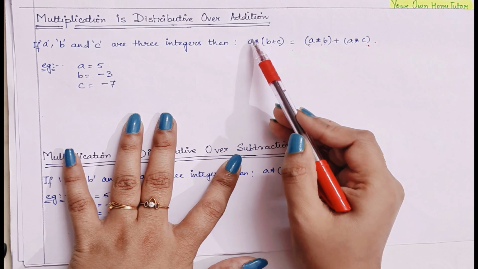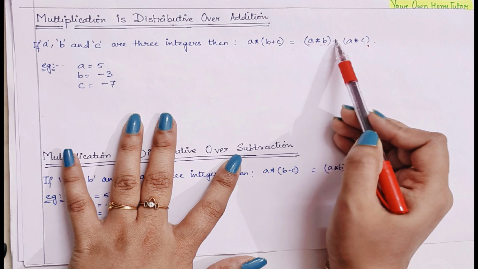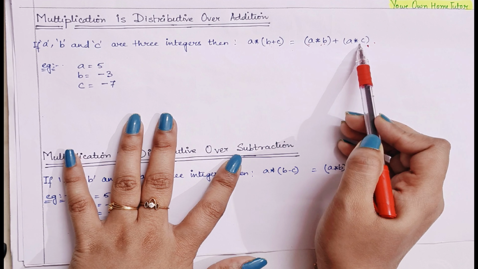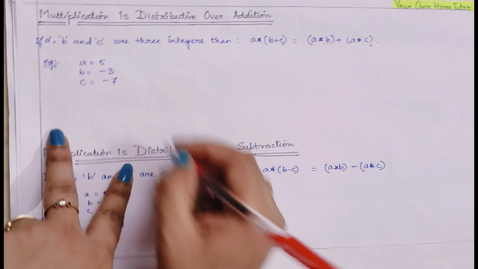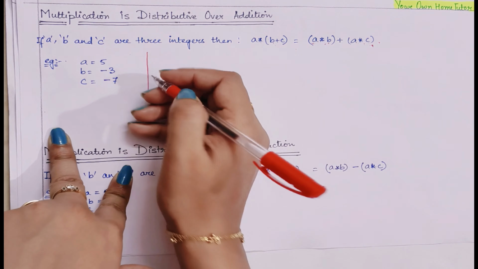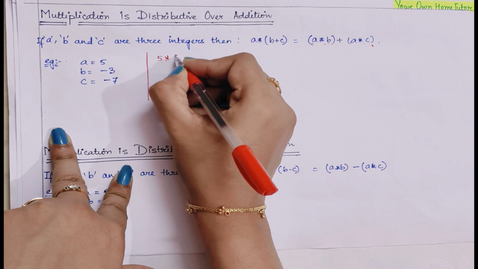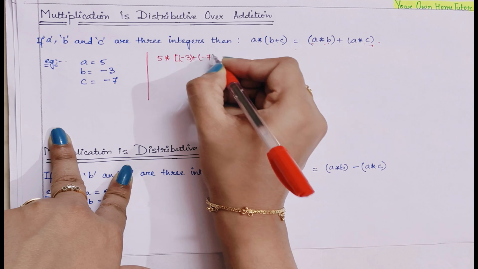How am I obtaining this? I am multiplying A once with B, putting the positive sign or the addition sign. Again I am multiplying A with C. So let us check with the values if this is holding. For A we have 5, and for B and C we have minus 3 plus minus 7.